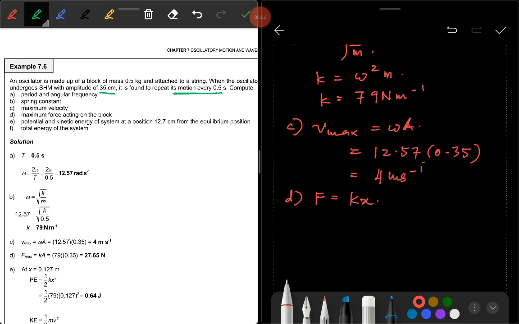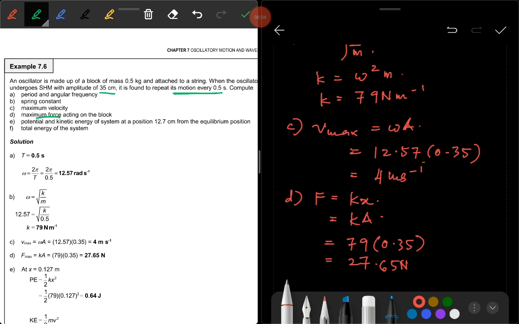They want the maximum force, so we replace x with A, the maximum displacement. K is 79 times 0.35, so you can get the maximum force, 27.65 newton.